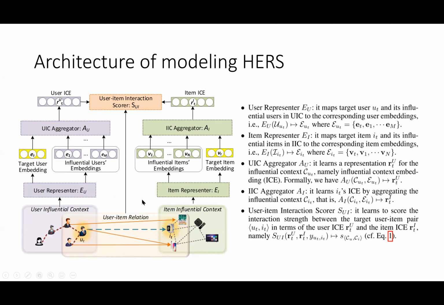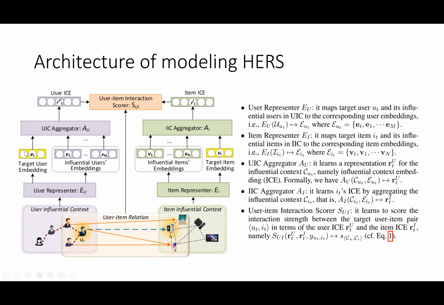So this further shows the architecture, how to model this multiple relationship. Basically, as I mentioned, you have a user and a model. We want to build a representation of the user by considering the context, overall for the target user and the influential user embedding.